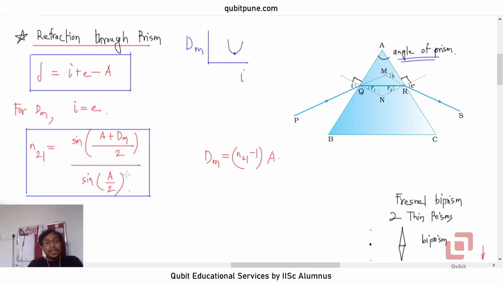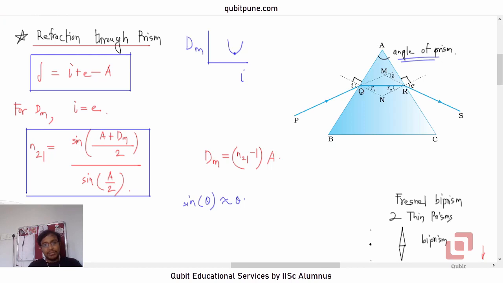Now if you assume that the angles A and Dm are very small, then you can use the linearization. That is, you can approximate sine theta by theta. So sine of (A plus Dm) by 2 can be approximated as just (A plus Dm) by 2, and sine of A by 2 can be approximated as A by 2.